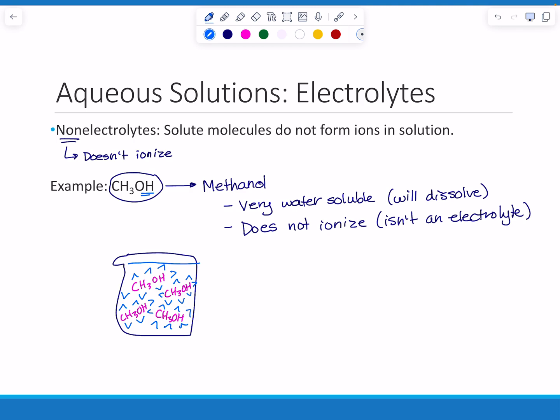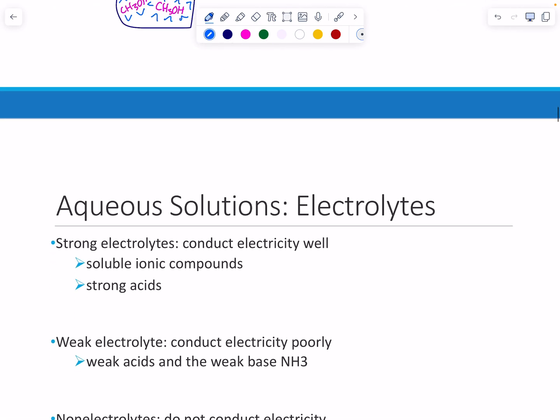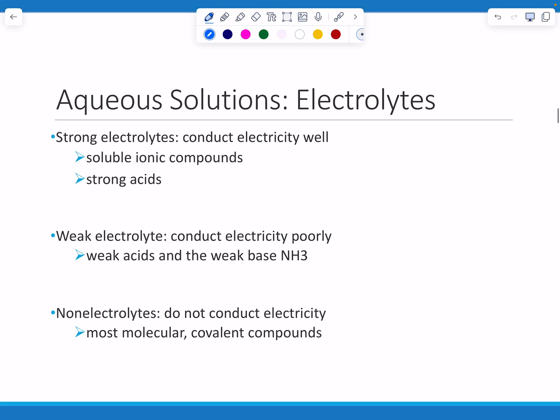If we compare the properties of these molecules, strong electrolytes are going to conduct electricity well, weak electrolytes are going to conduct electricity poorly, and non-electrolytes are not going to conduct electricity. It's all related to the number of charged particles you get when you put one of these molecules into solution.